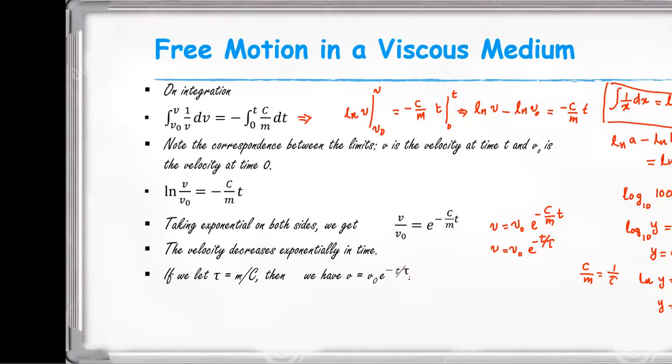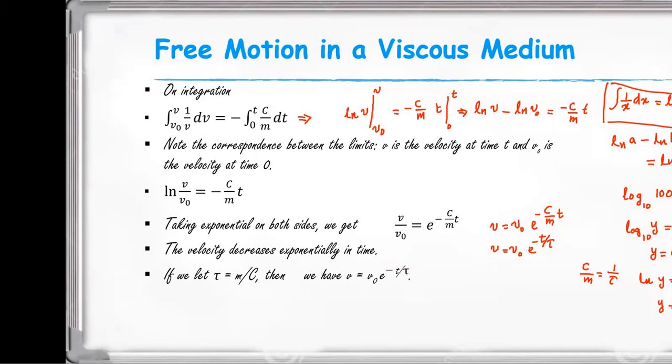Then the tau must have the dimension of time, because here it is velocity, so on both sides the dimension must be velocity. So this quantity must be dimensionless, so the tau must have dimension of time. Okay, and tau can be said to be a characteristic time.